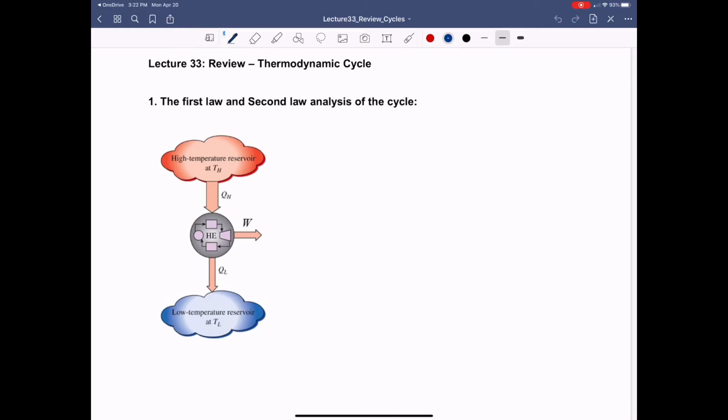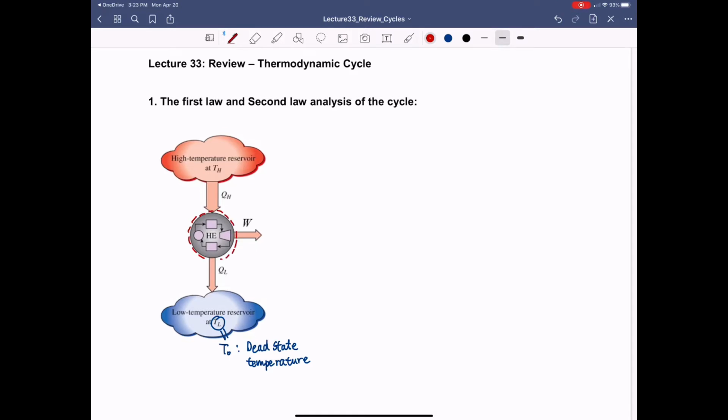So instead of using TL, many times we use T naught to define the dead state temperature. So, by understanding how the thermodynamic cycle is run between these two reservoirs, let's make the cycle your system.